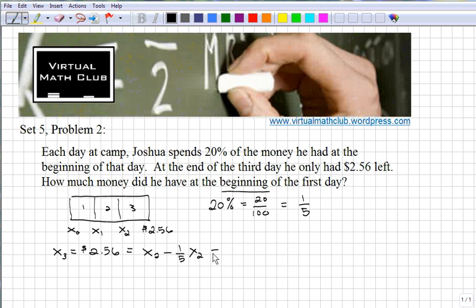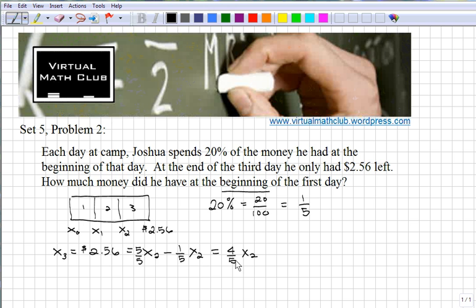So you can see that 1x2 minus 1/5 x2, now this could also be written as 5/5 x2. That just gives you 4/5 x2.